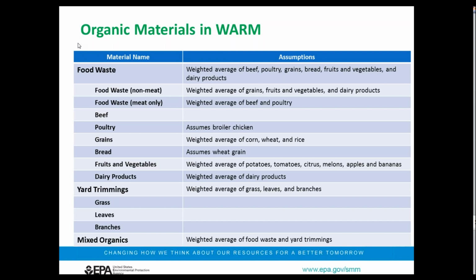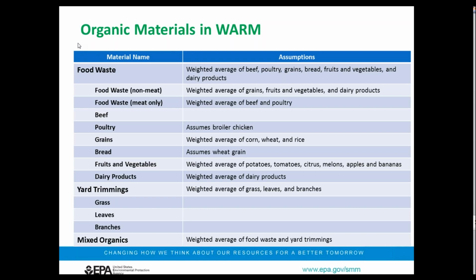And then just to quickly go through each of the materials, we have beef, poultry, which assumes broiler chicken, grains, that's based on a weighted average of corn, wheat, and rice, the three biggest grain products produced in the U.S. For bread, we assume bread produced from wheat grain. For fruits and vegetables, we considered some of the most common fruits and vegetables that enter the waste stream within the U.S. And similarly for dairy products, it's a weighted average of the largest share of different dairy products produced.